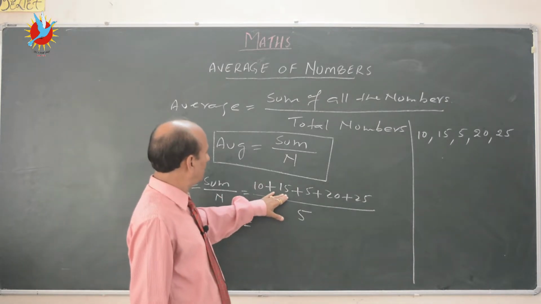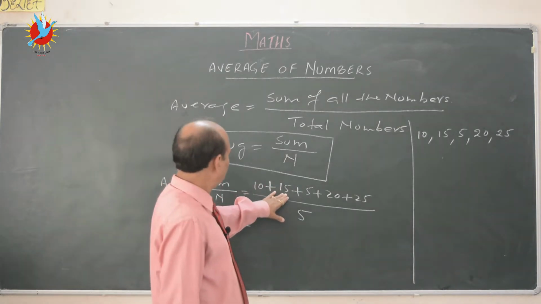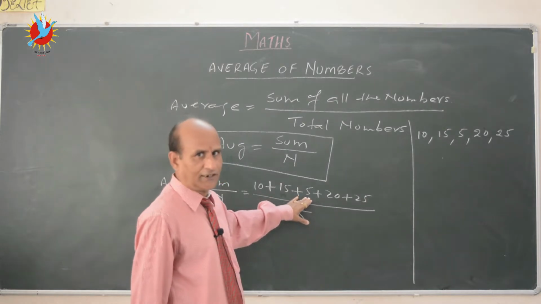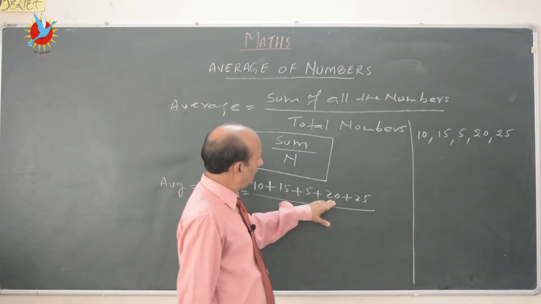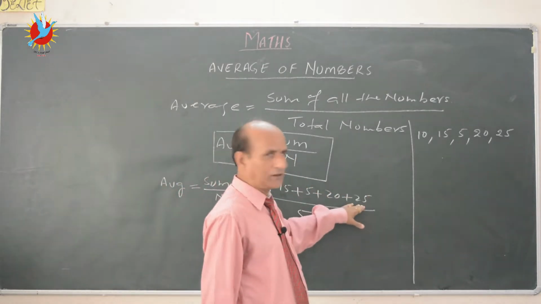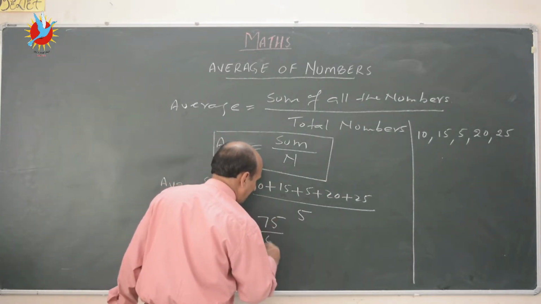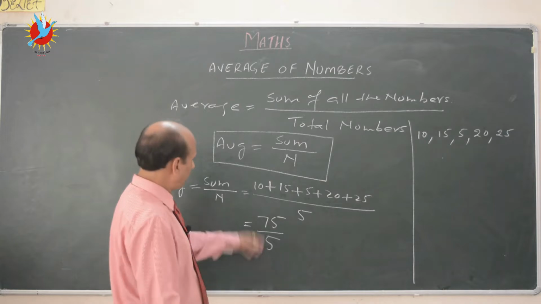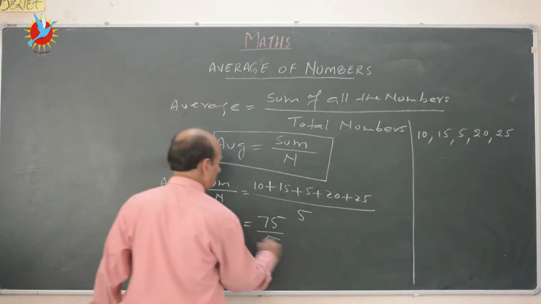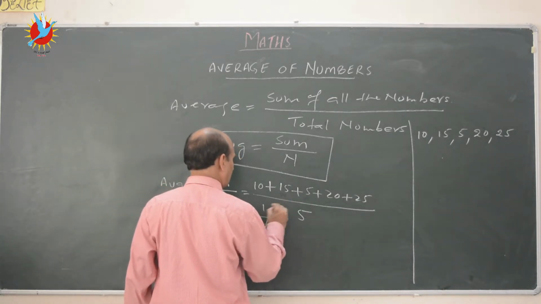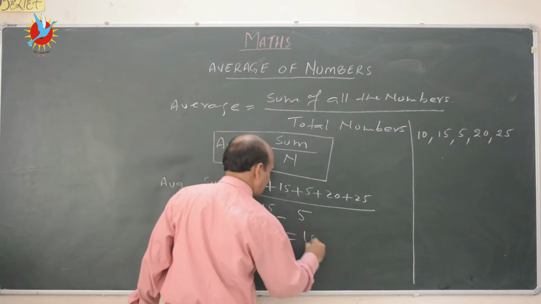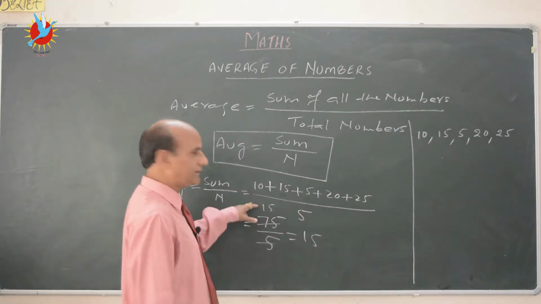Now add these numbers. 10 plus 15, 25. 25 plus 5, 30. 30 plus 20, 50. 50 plus 25, it is 75 divided by 5. You can cancel it or divide it. So 5 ones are 5, 5 threes are 15, 15 fives are 75.